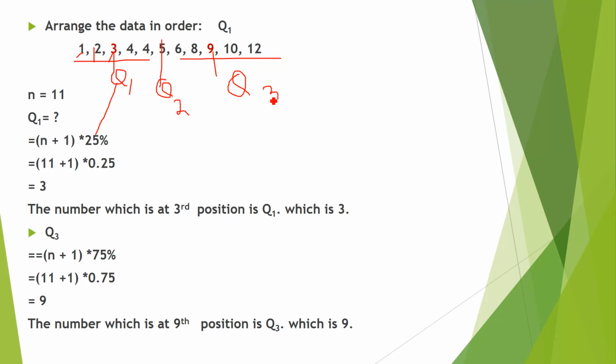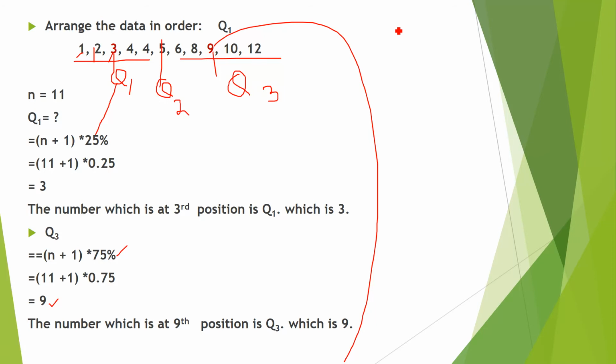Now calculate Q3 with the help of the formula, n plus 1, now 75%, because Q1 is 25%, this is 50%, then 75%. So we will get 9, meaning the ninth position of the data. Count it, 1, 2, 3, 4, 5, 6, 7, 8, 9, and again we have 9. So this is the median, this is quartile 3.